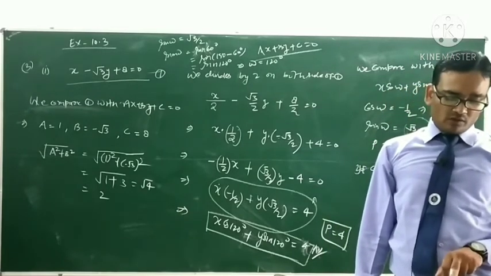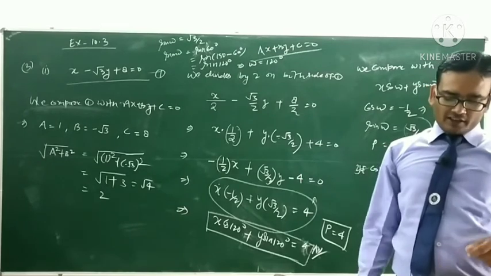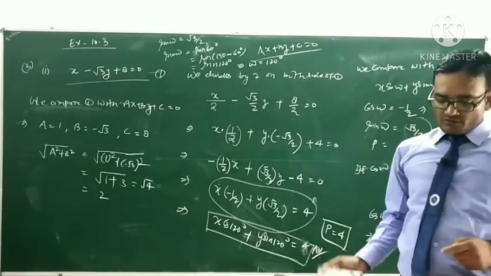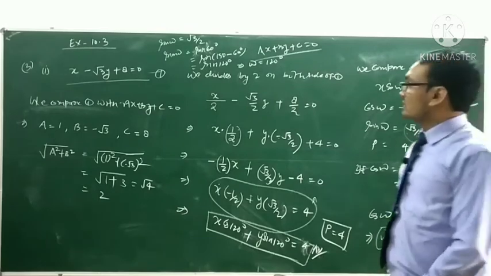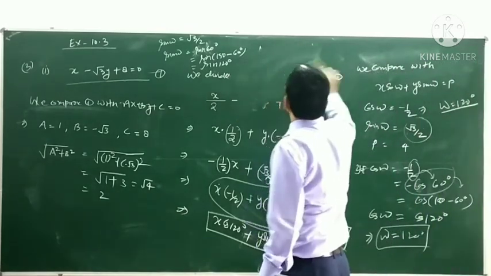Now let us move to question number 4. Find the distance of a point from the line.